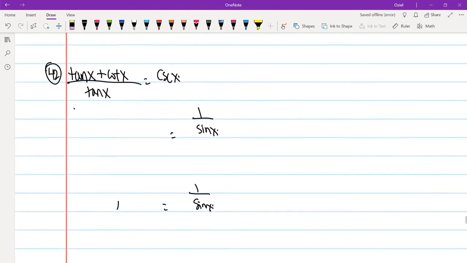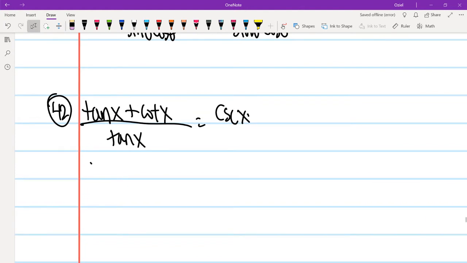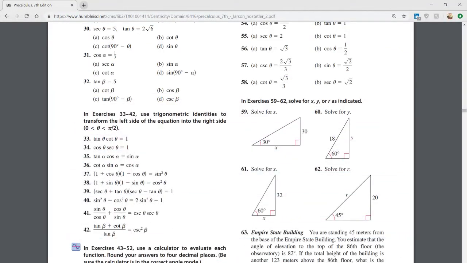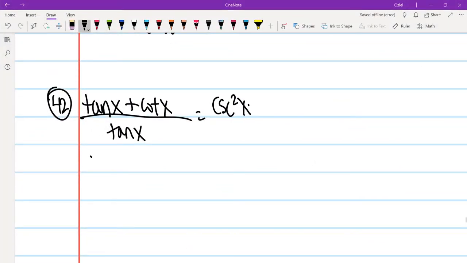So, okay, it equals cosecant squared of x. I'm so sorry, guys. That one kind of threw me off. So, okay, let's just do it again.